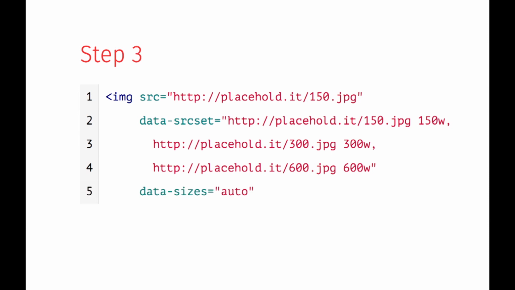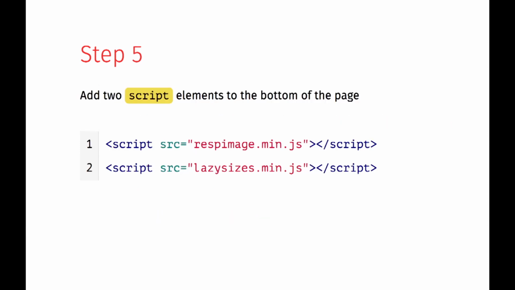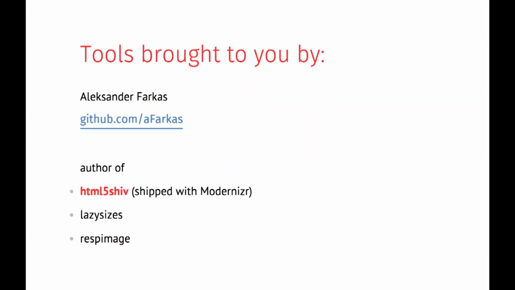We add another magic attribute, auto, and we add class lazyload. And the 5th step, we add a polyfill and the lazysizes lazy loading library. So we need only 5 steps. I'm going to go back here.